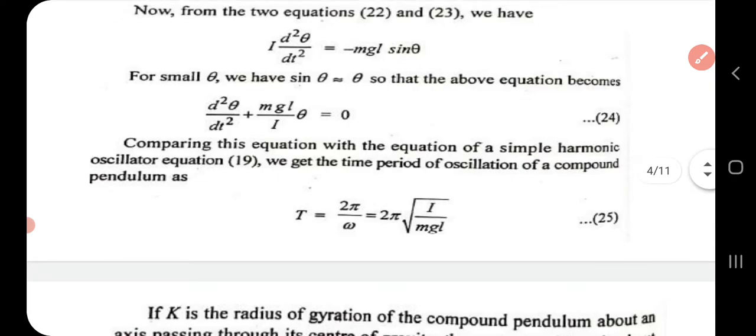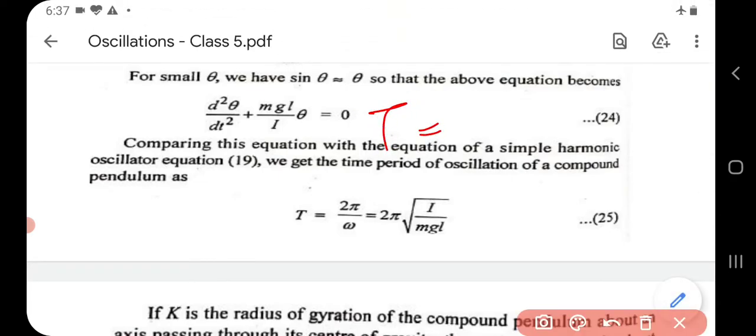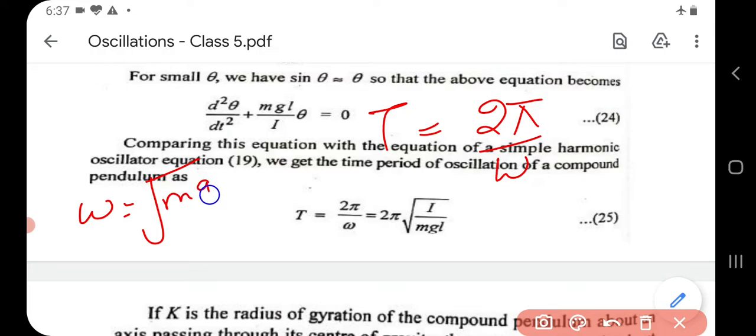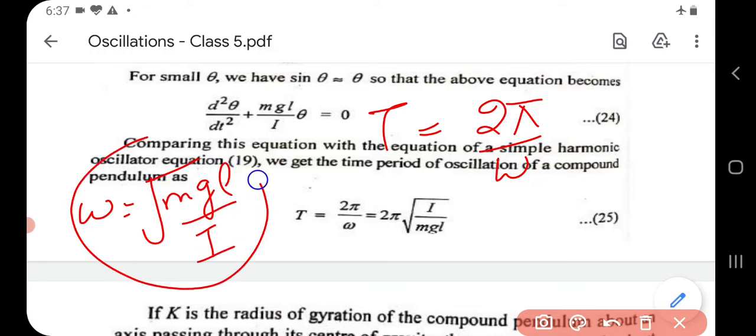The time period T equals 2 pi by omega. Here omega is equal to the root of mgl by I. On substituting this value of omega, you will get the value of T as 2 pi root of I by mgl.